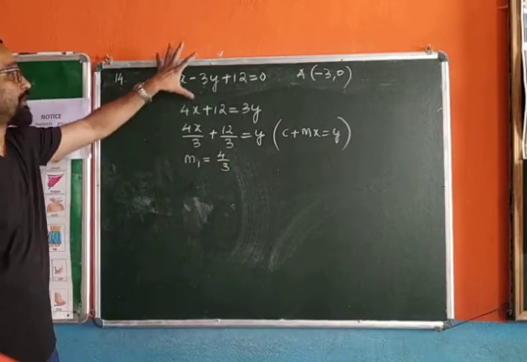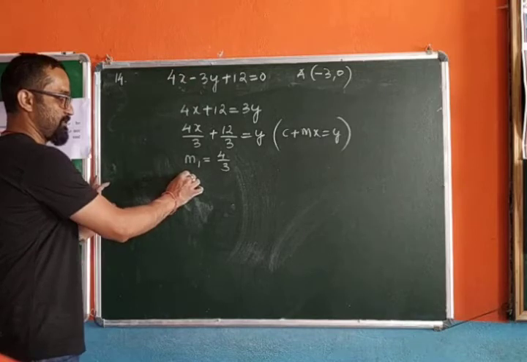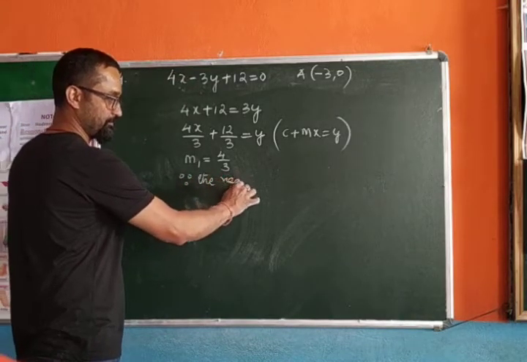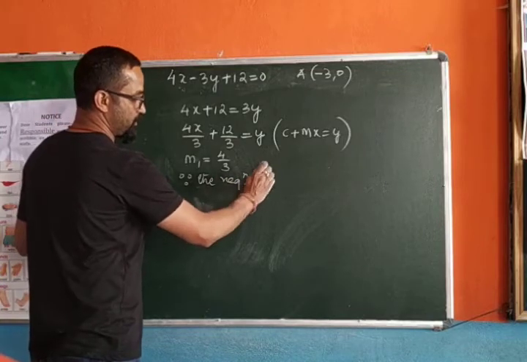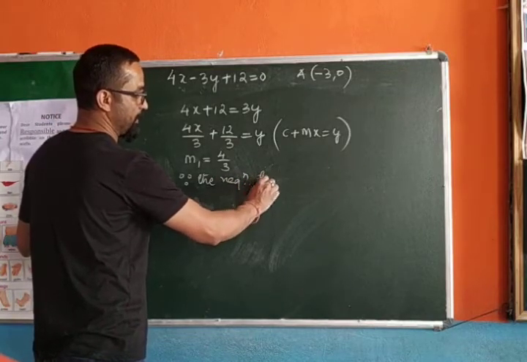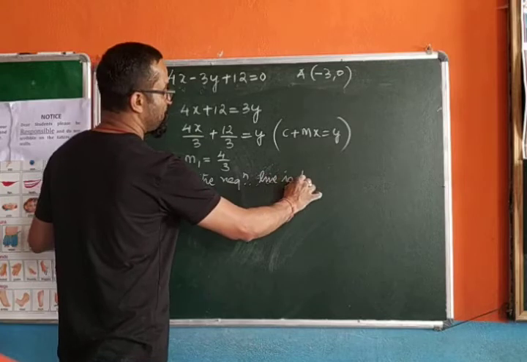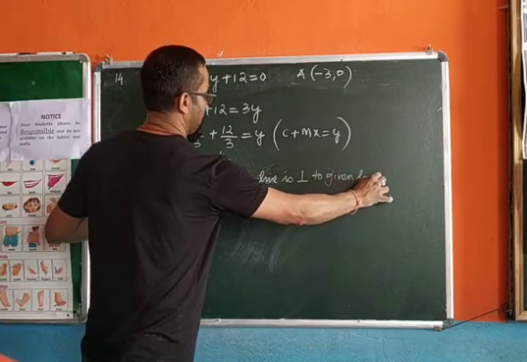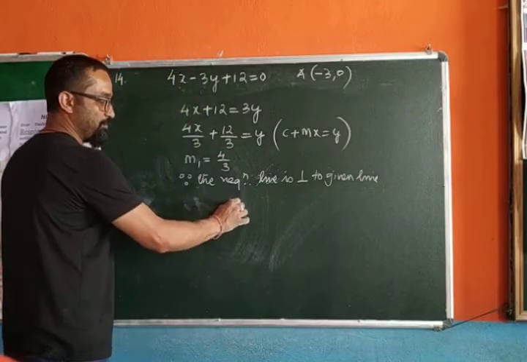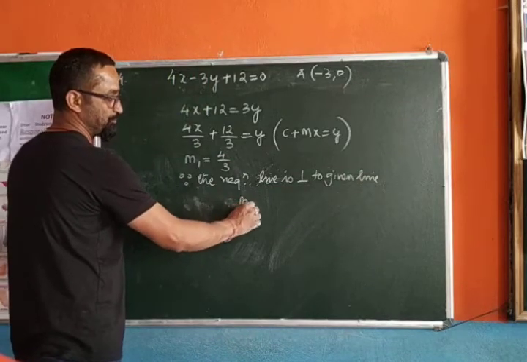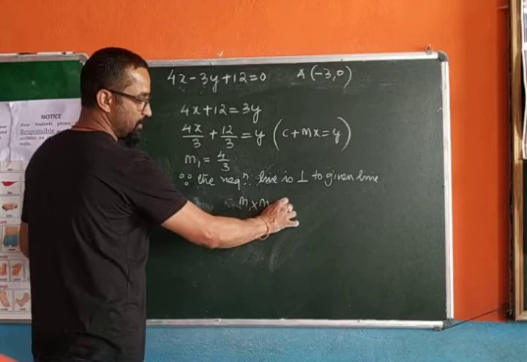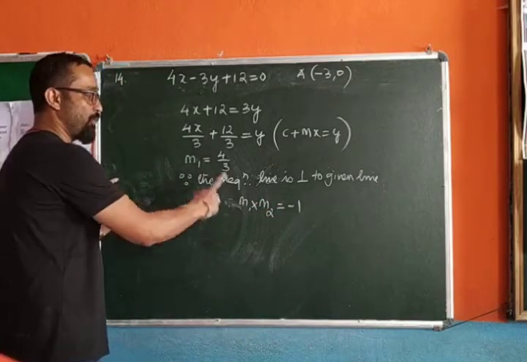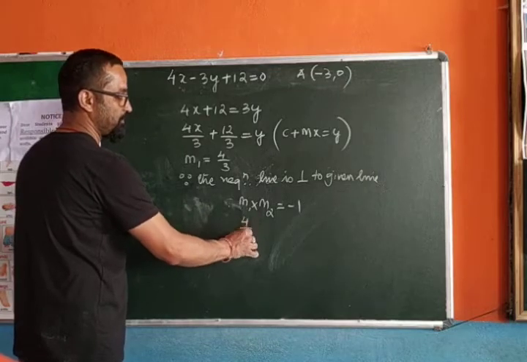Slope of the given line, since the required line is perpendicular to the given line, m1 multiplied by m2 is equal to minus 1. M1 we know is 4 by 3.